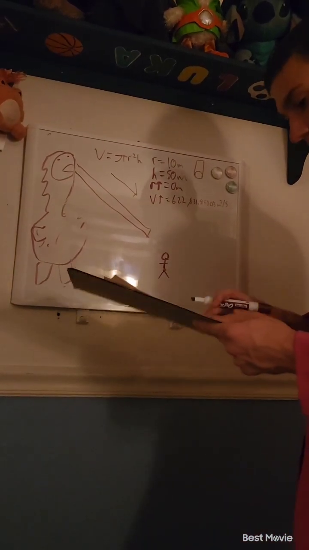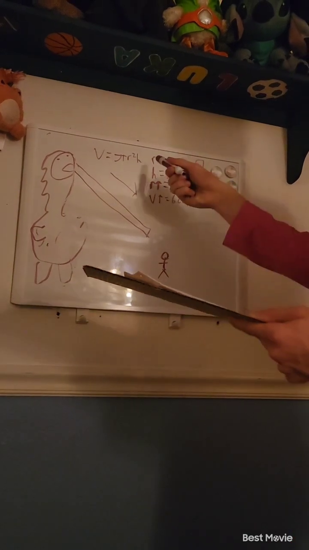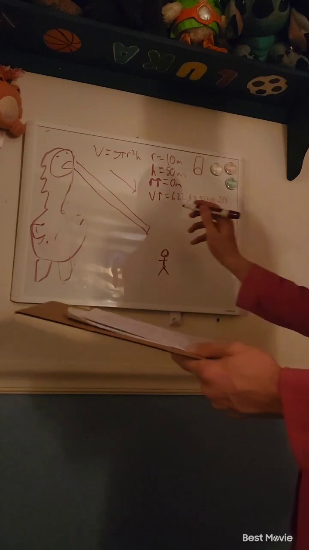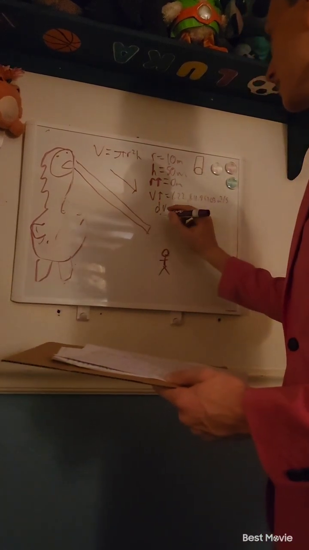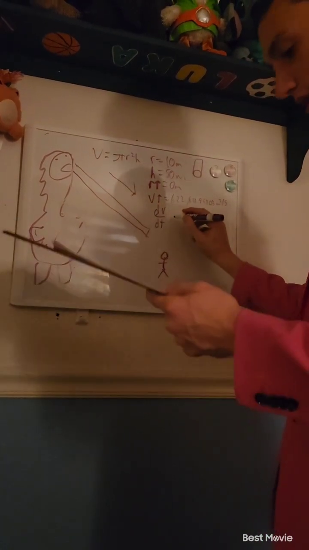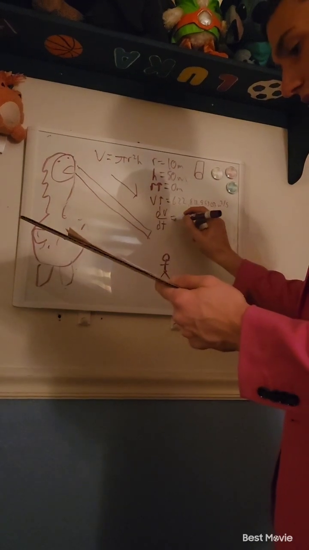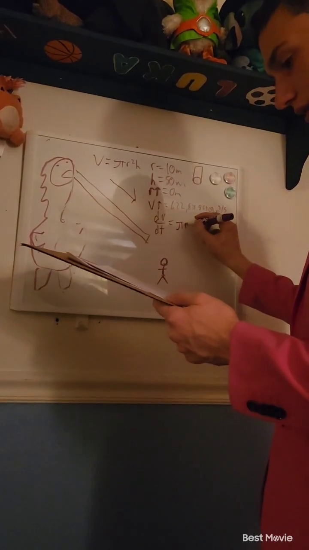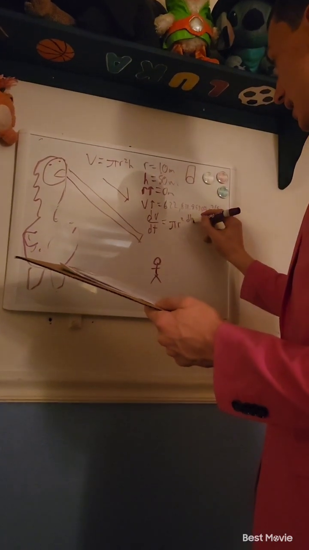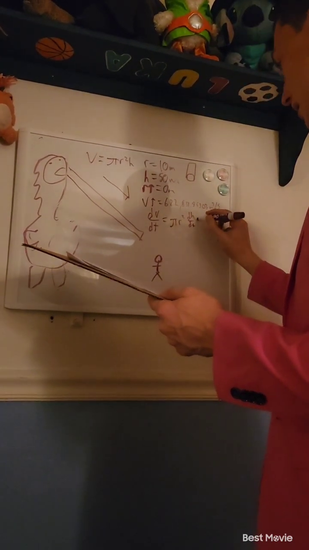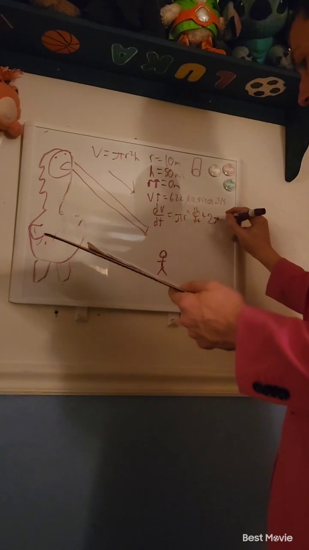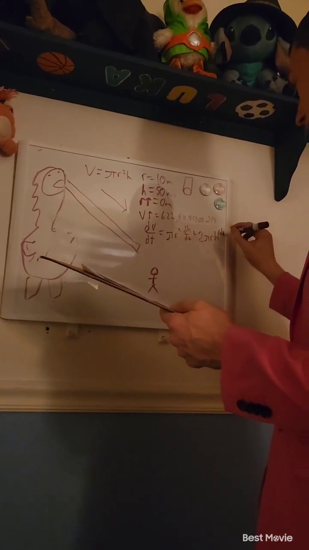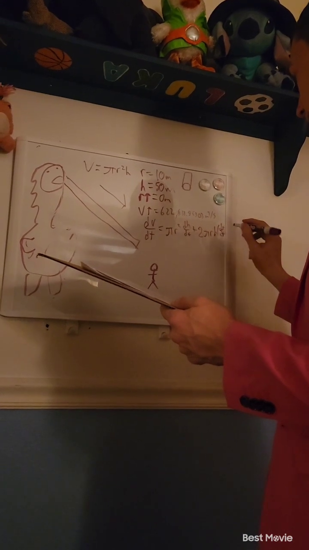Alright, so we have our variables, we have our sketch. So we once again need to take the derivative with respect to time. So we get dV/dt is equal to pi r squared dh/dt plus 2 pi r h dr/dt.